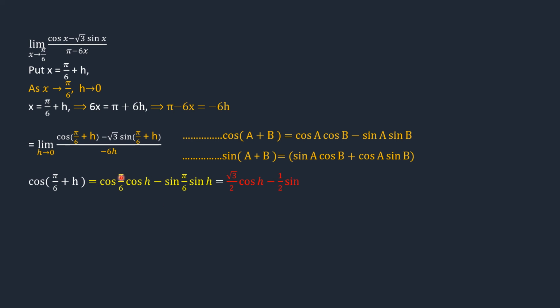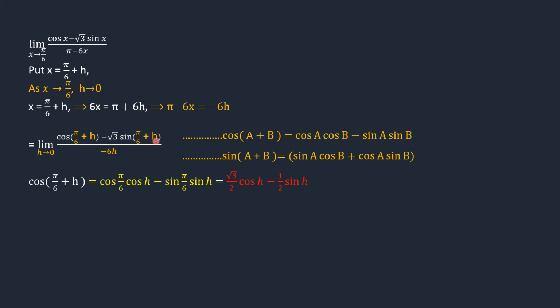Now cos pi by 6 is cos 30. Cos 30 is root 3 by 2. Sin pi by 6 is sin 30. Sin 30 is 1/2. So the value of cos (pi by 6 plus h) will be this thing.